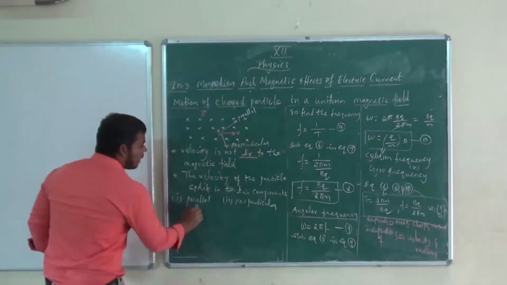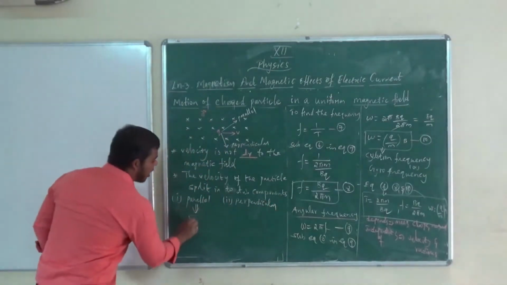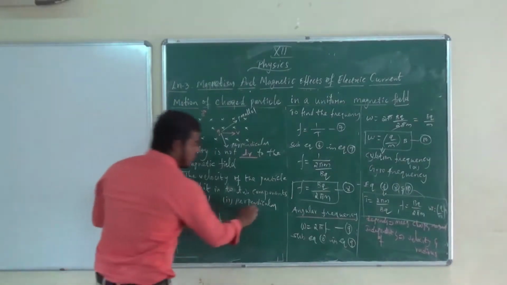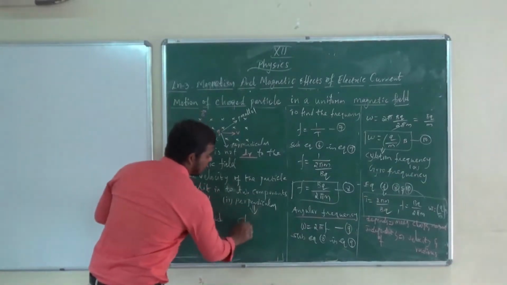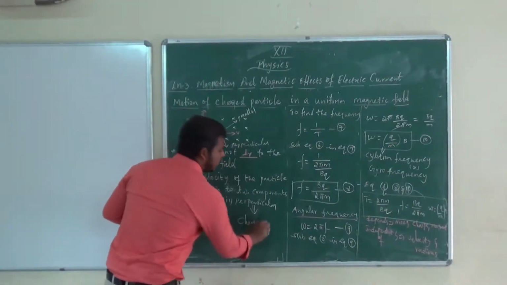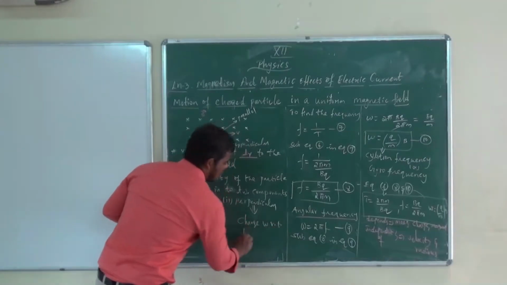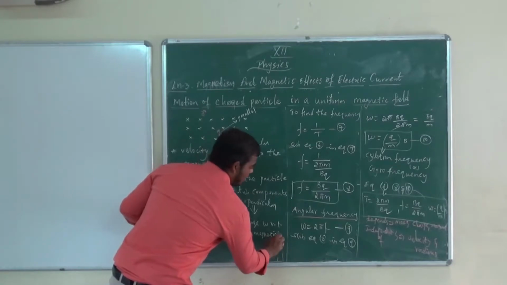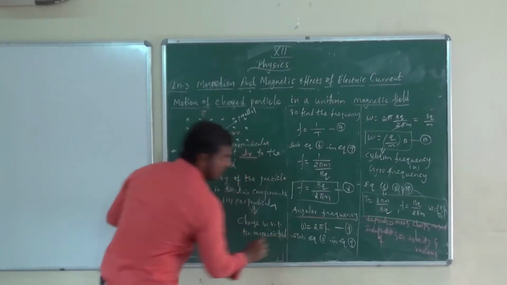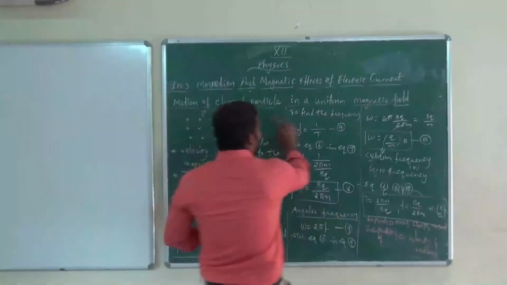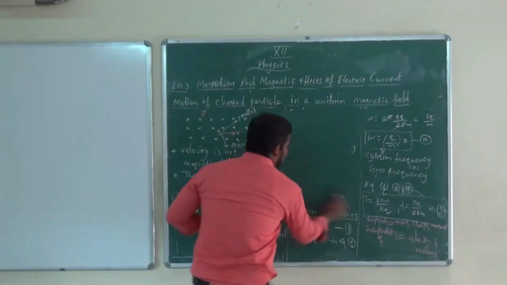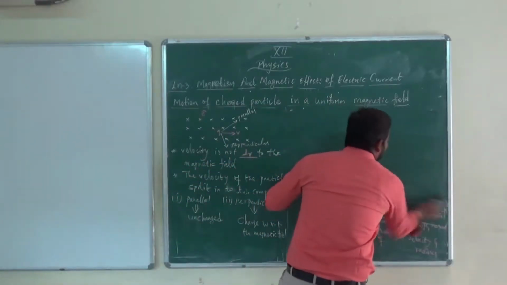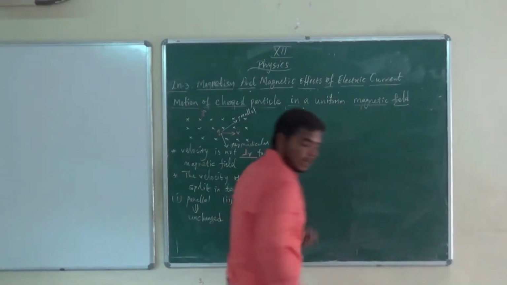Here the parallel component of the velocity is unchanged, but the perpendicular component of the particle's velocity changes with respect to the magnetic field. When the motion changes in this way, the path of the particle becomes a helix.